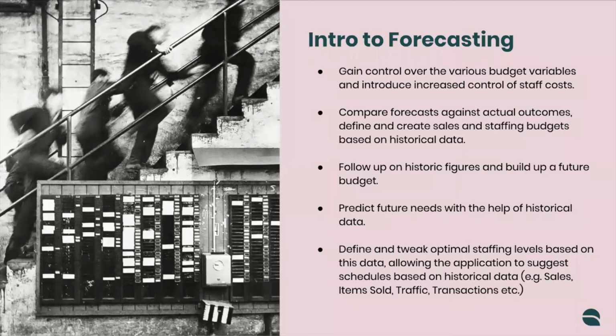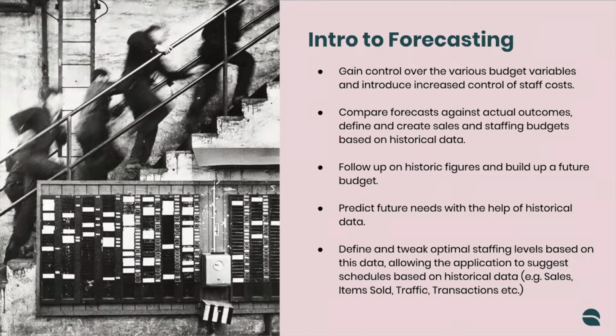So allowing you to use Quinix to react to what has happened, therefore moving scheduling decisions to data-based decisions instead of decisions made by schedulers based on experience. So it's obviously combining those two things, taking the experience of the person creating the schedule with the data to make those intelligent scheduling choices.